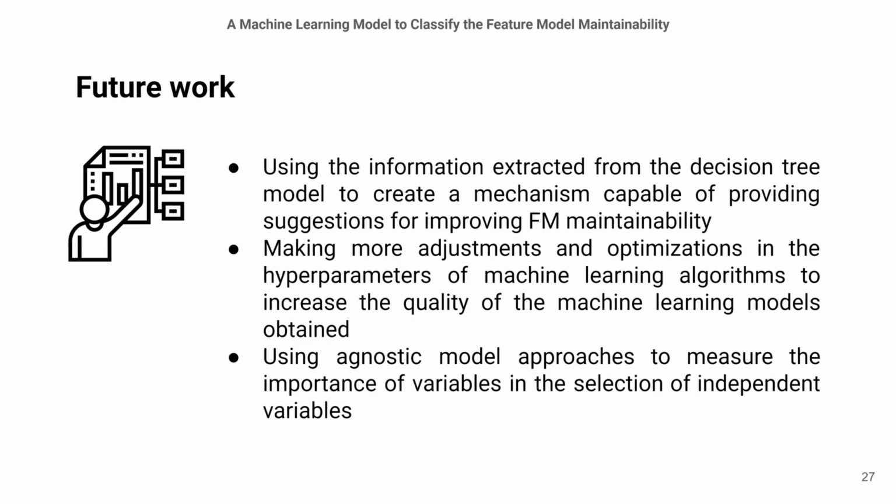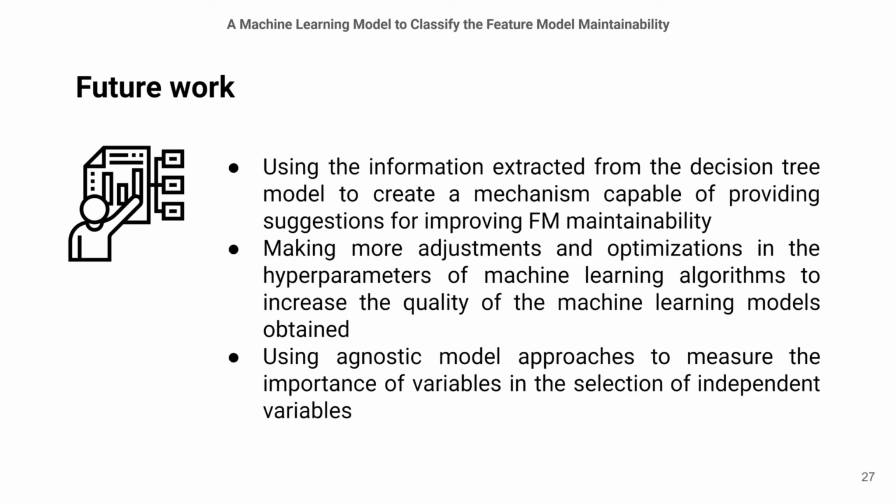As future work, we can point out using the information extracted from the decision tree model to create a mechanism capable of providing suggestions for improving the feature model maintainability. That is, a mechanism capable of suggesting changes in the structure of the feature model to improve maintainability.